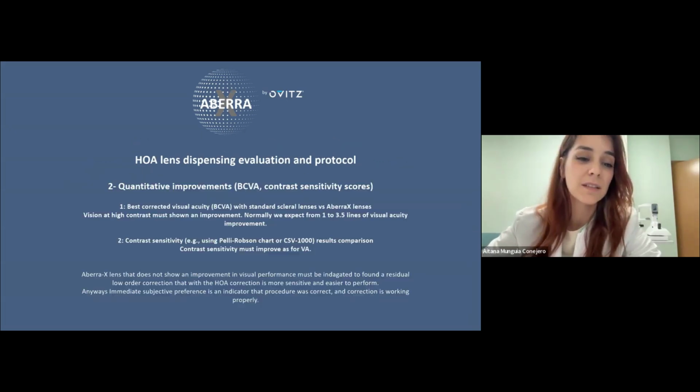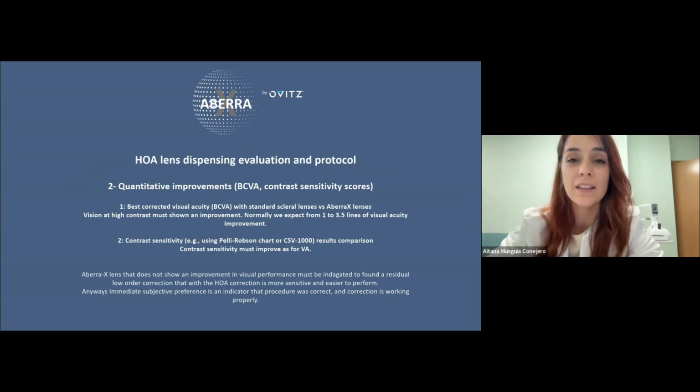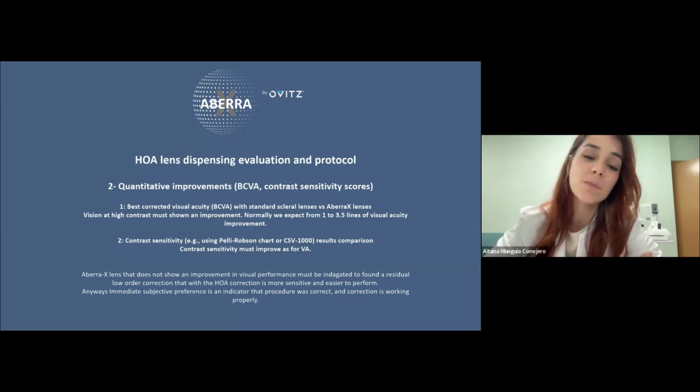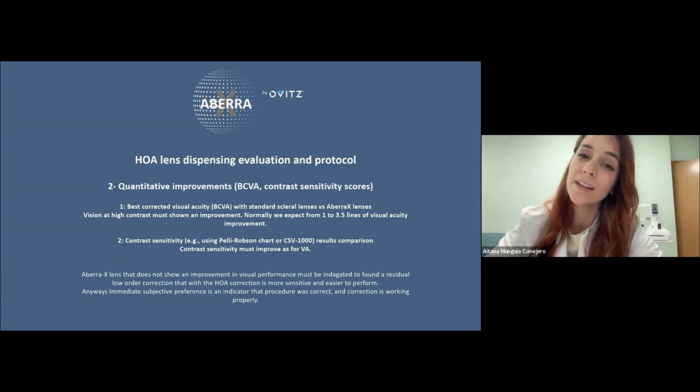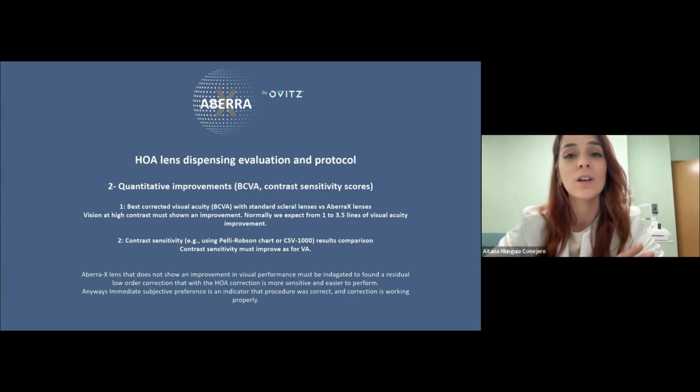After this, to properly assess the visual outcome in an objective way, we must perform two tests that we already know. First, we can perform the best corrected visual acuity. Normally, we expect the visual acuity to improve between 1 and 3.5 lines between the standard and the customized aberration lens.